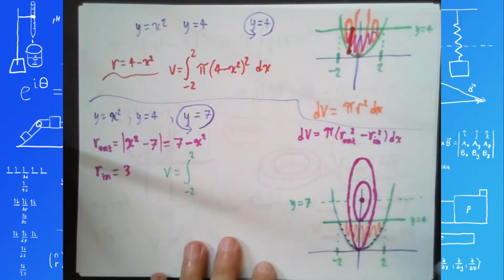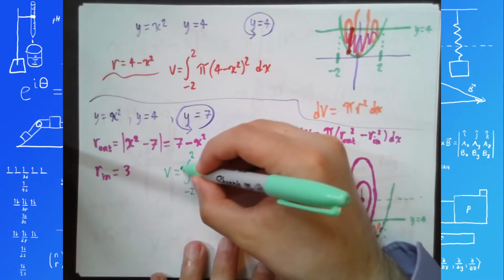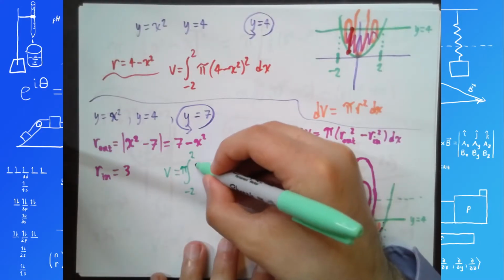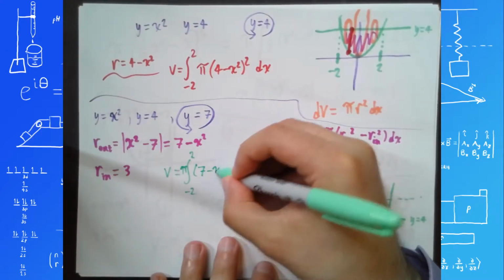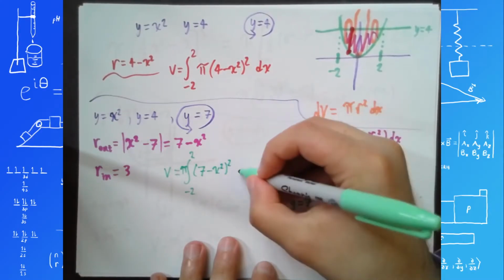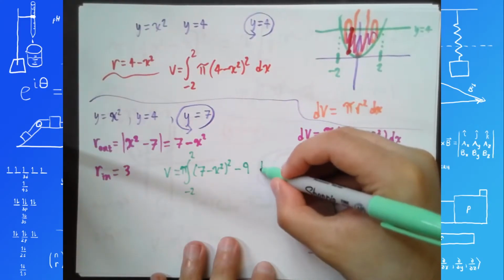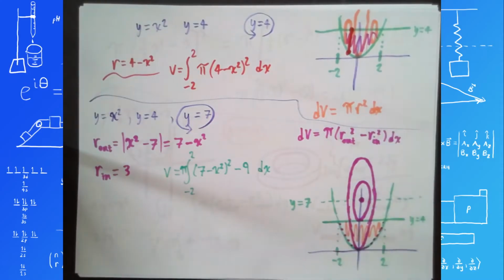But it's the integral from -2 to 2 of, let's see, I guess I'll factor out the pi, and then r outer squared, so 7 minus x squared, minus r inner squared, which is just going to be 9, and then times dx. You know how to FOIL that. You know how to integrate a polynomial. The rest is on you.